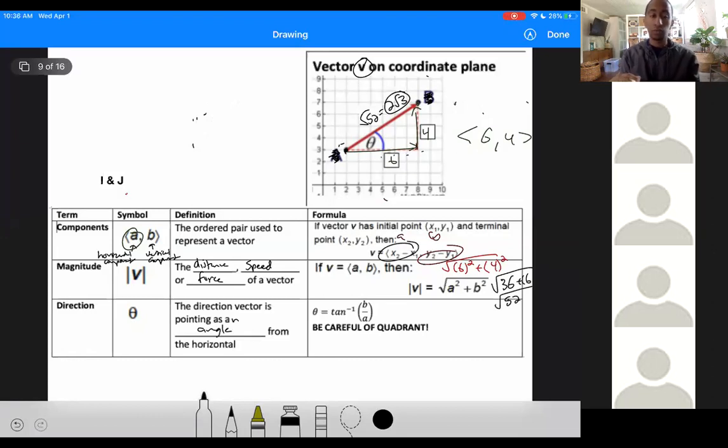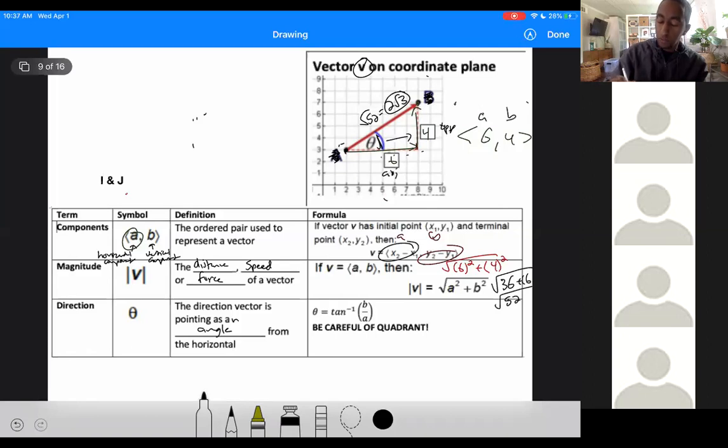The way we're going to find that is using tangent inverse of B over A. Tangent inverse of B over A, okay? That's because tangent is opposite over adjacent, right? Let's say we wanted to find what this angle is. This is the opposite, and this is the adjacent, right? And your opposite is B and this is A.